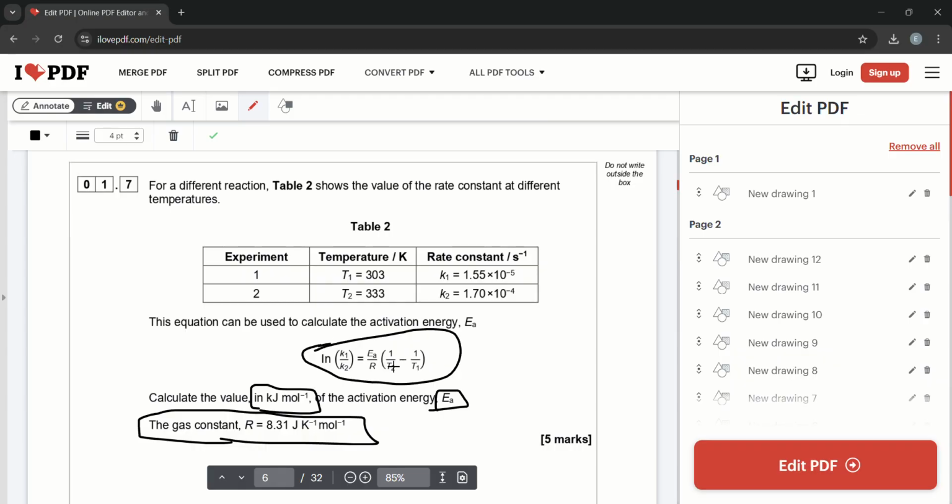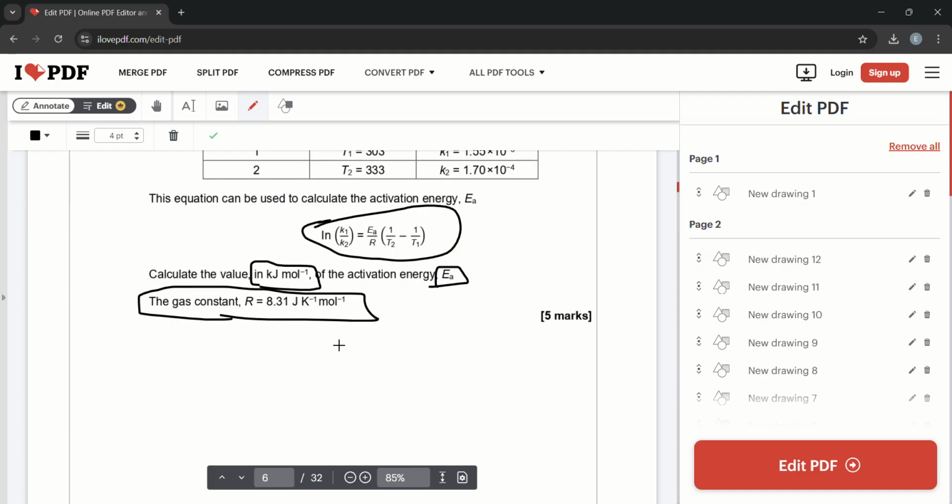What we have to realize is we want to find activation energy. So first things first, let's just rearrange it. If you times by R, it's going to be R ln K1 divided by K2.